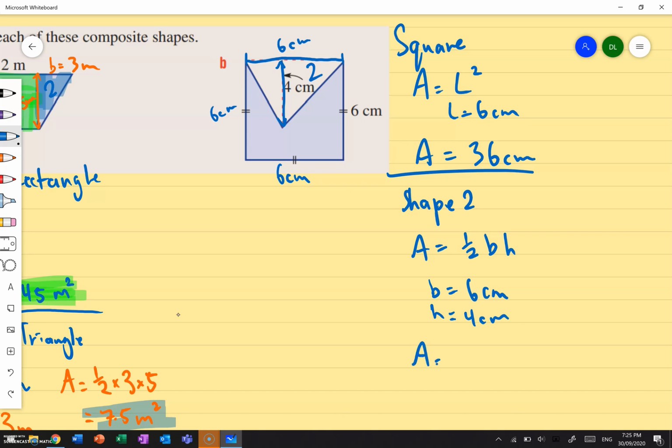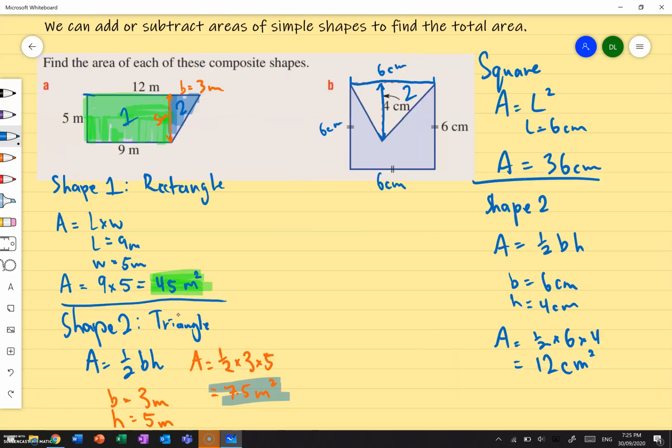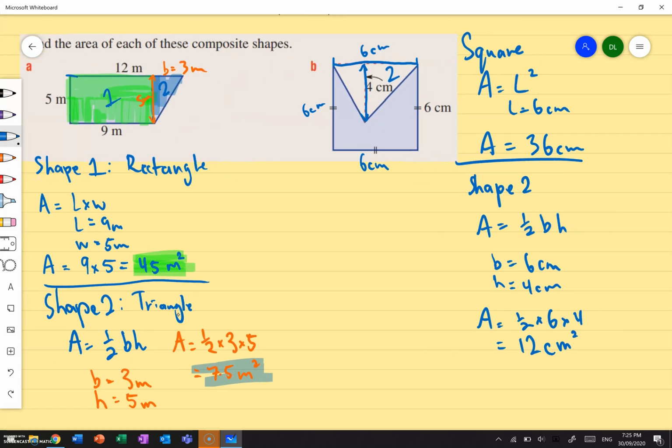Using that, my area of the triangle is half times base, which is 6, times height, which is 4. Half times 6 is 3, times 4 is 12 centimeters squared. But we're not done yet. Before, we wanted to add them together, but in this case we're cutting it out.